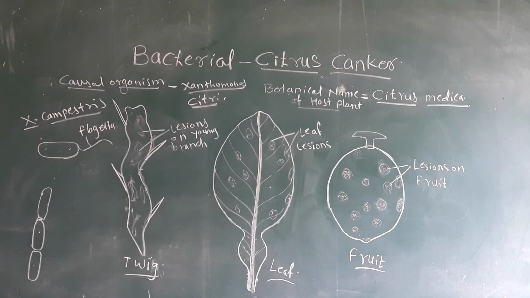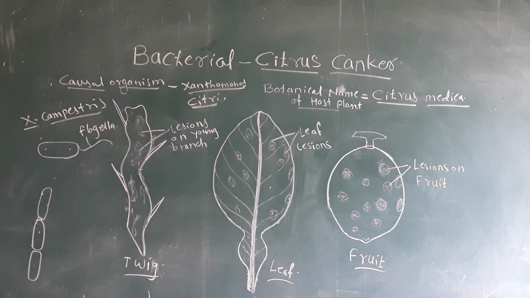The disease is mainly transferred through wind, rain, water as well as insects. For infection, an atmospheric temperature of about 20 to 35 degrees centigrade with an optimum of about 30 degrees centigrade, and free moisture for 20 minutes are essential for infection of the leaves of the plants.